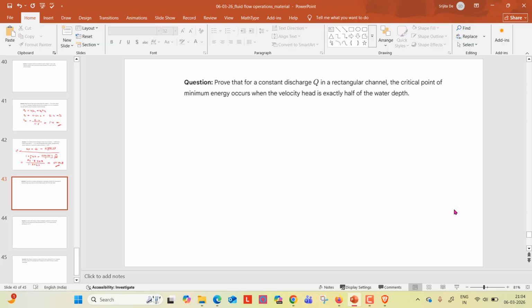So specific energy expression was E equals to H plus Q square by 2GA square, right?